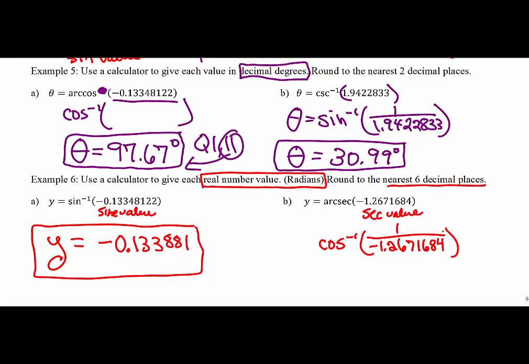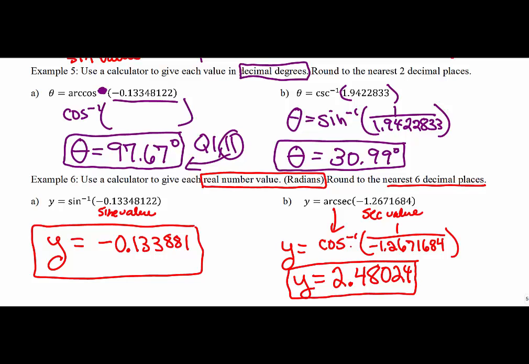So we're looking for an angle that has this cosine value. We're going to type that into our calculator, and I get a radian value of 2.48024. So this is our angle in radians that has a cosine value of this fraction, and a secant value of the reciprocal.